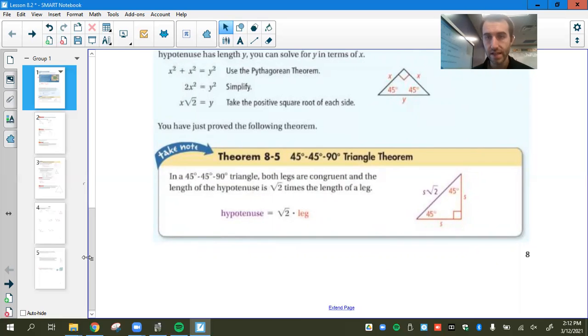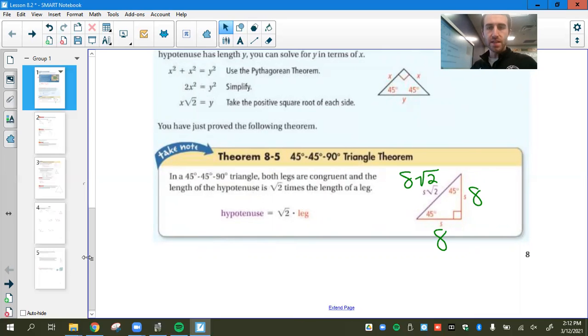So in this case, if instead of our legs being S, let's say there were 8. We could easily find the hypotenuse. It would just be 8 root 2. And that's it. Okay, and here's why.